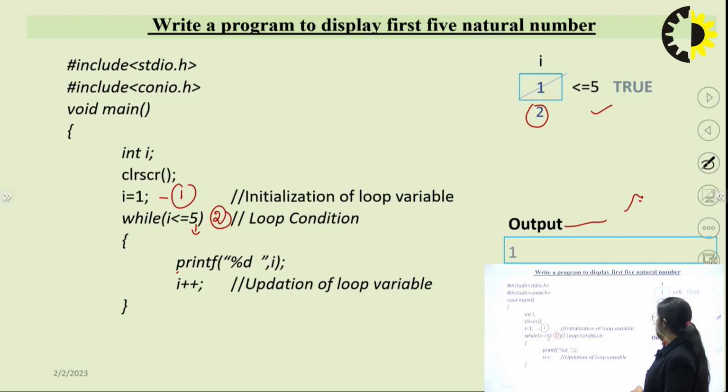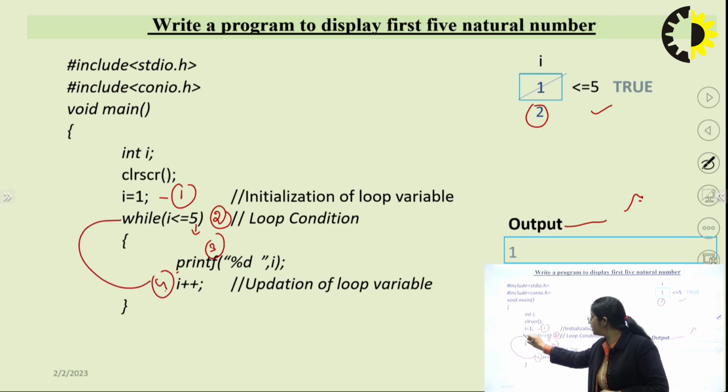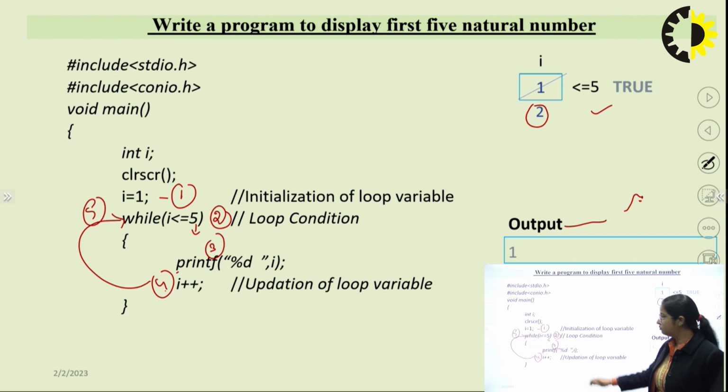Again we check the condition from here. This is the third step, and from here this is the fourth step. After the fourth step we are again repeating step number 2. First we initialize, second we check the condition, third we execute the printf statement, or whatever statements are written in the while loop or any loop.